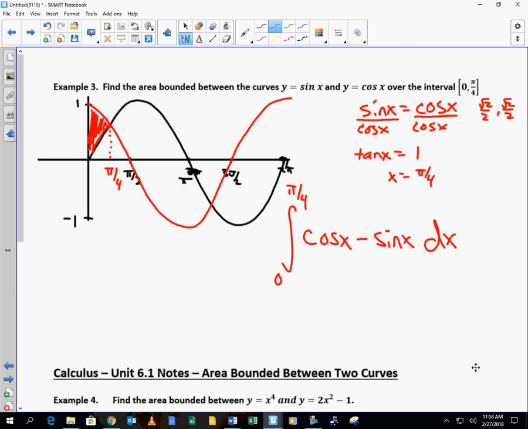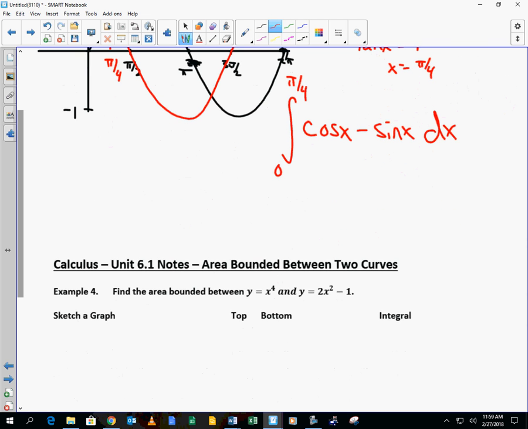There's debate among many AP teachers about whether or not you need to include the parentheses around there. The general understanding is you do not need to include parentheses, as though the dx applies to just sine. No, it's just assumed it applies to everything between the dx and the integral symbol. See what I'm saying? I think on the AP exam, they do actually include the parentheses, but I don't see even books do that.